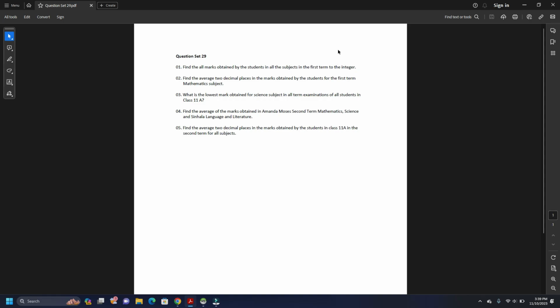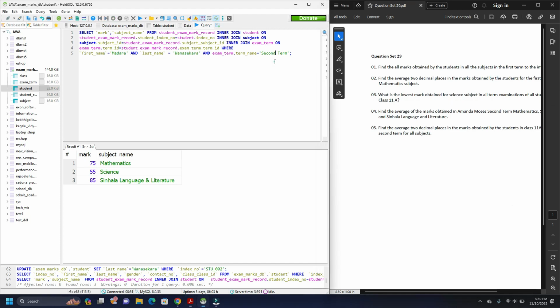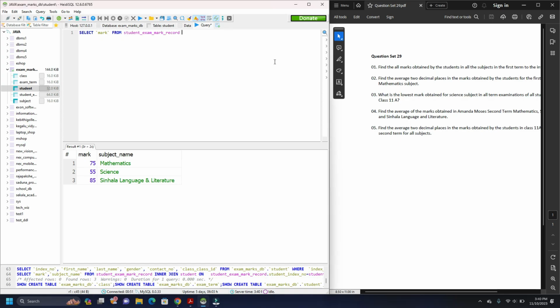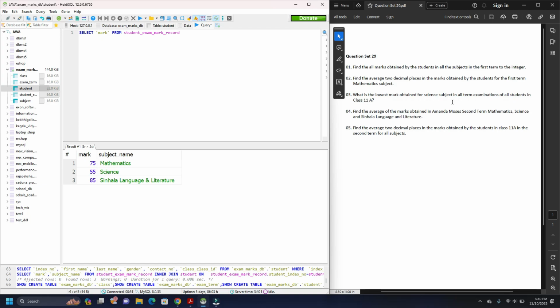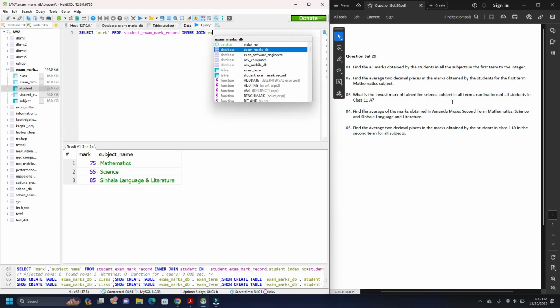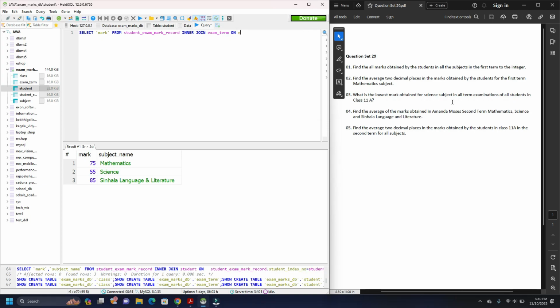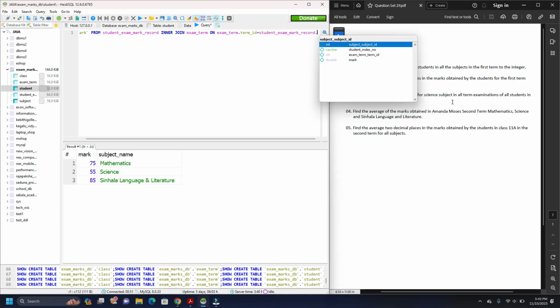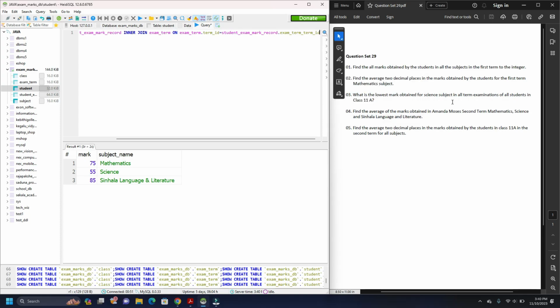So let's get into it, starting with select mark from student exam mark record table, inner join exam term on exam term dot term id equals student exam mark record dot student exam term id.